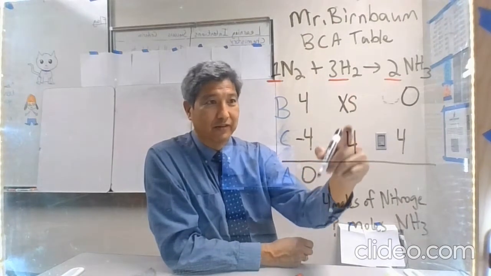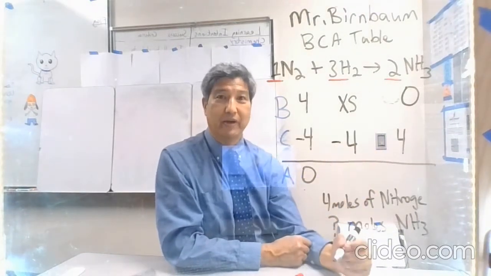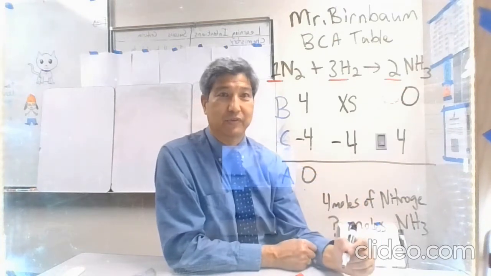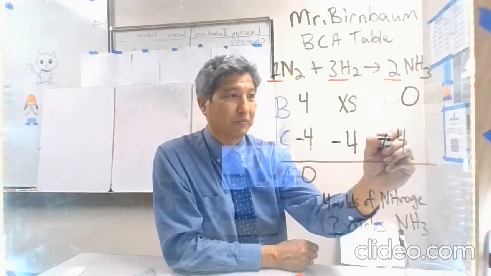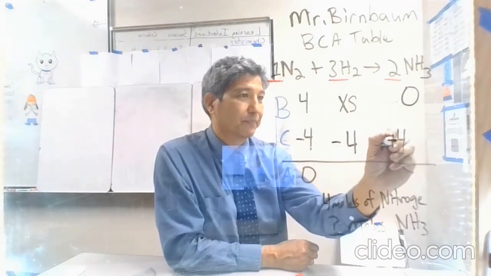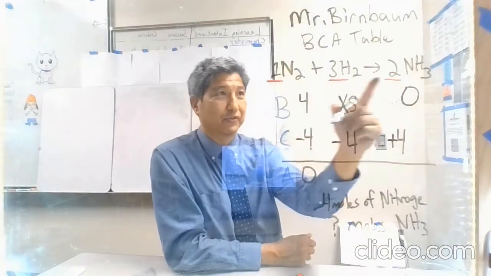So this reactant is also going to decrease. We'll have less and less of it as we go forward in the reaction. My product, my NH3, is going to increase. So this will be a plus 4. So I've got my plus 4 here, and now I've got to use these ratios.